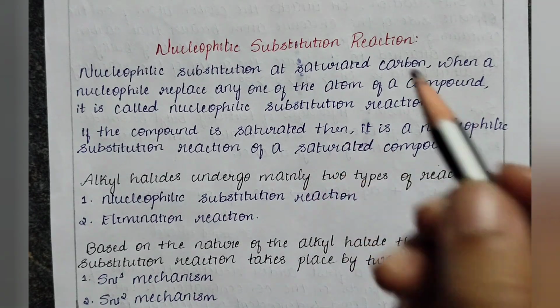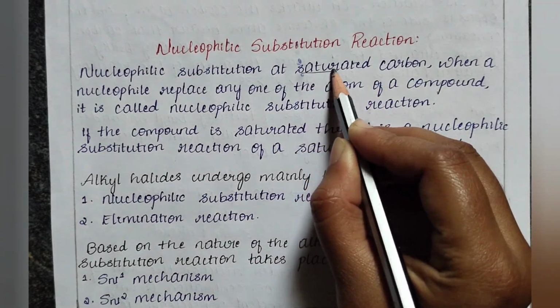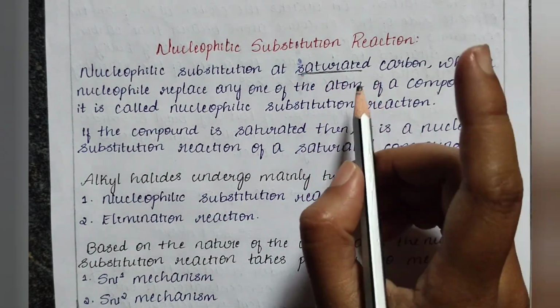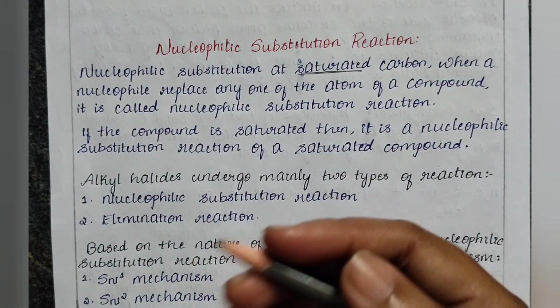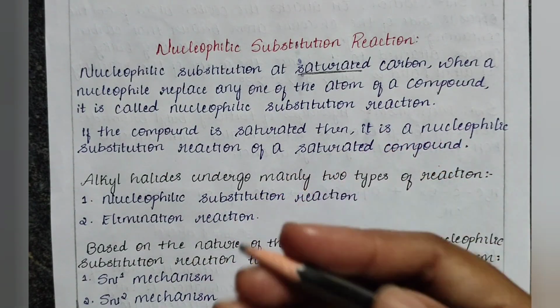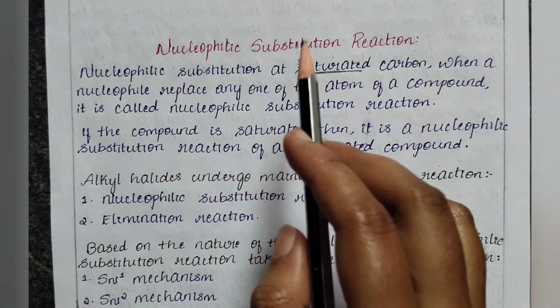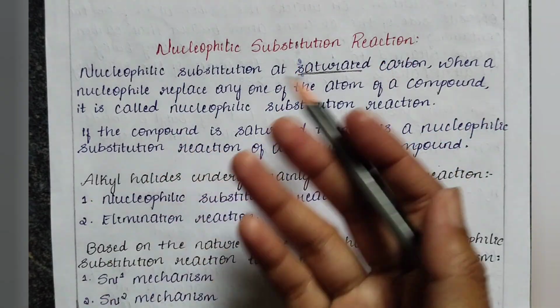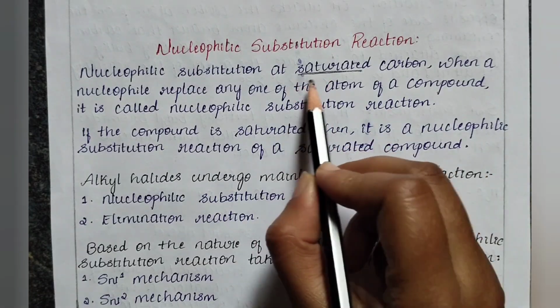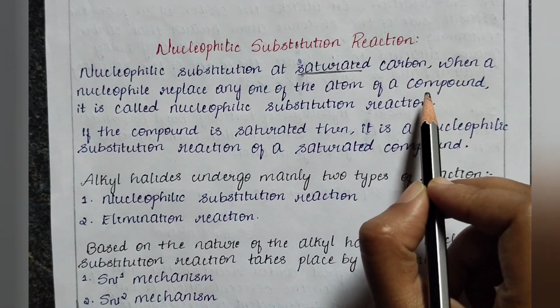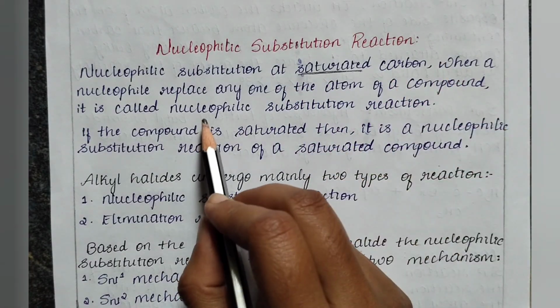From the name saturated, we can know that the carbon atom contains only single bonds, and most of the atoms attached to carbon will usually be hydrogen. So nucleophilic substitution reaction is one where one or more atoms attached to the saturated carbon atom in a compound are replaced by a nucleophile.